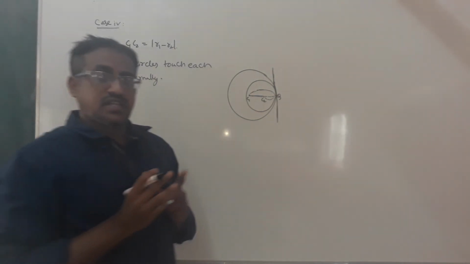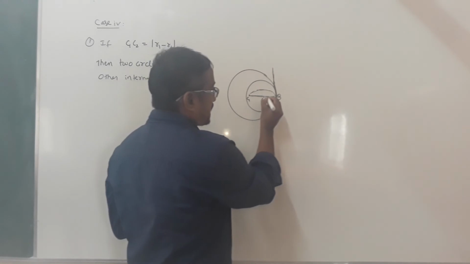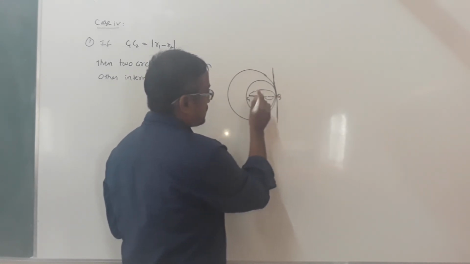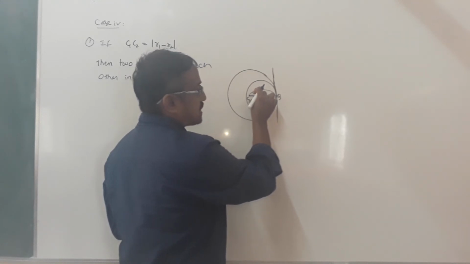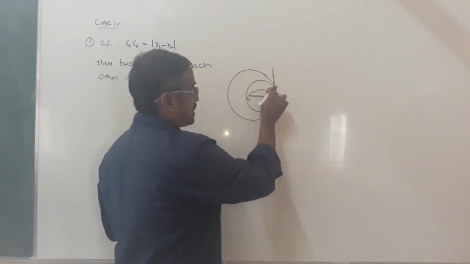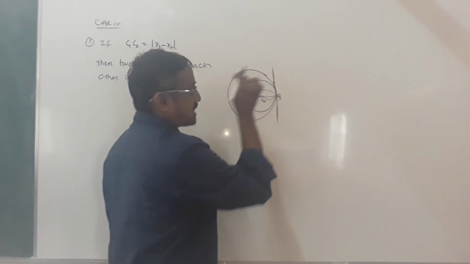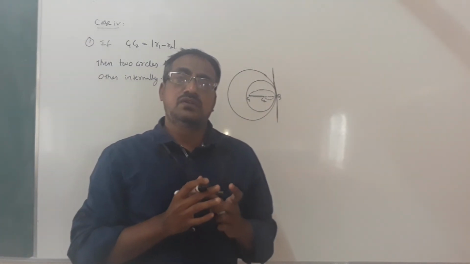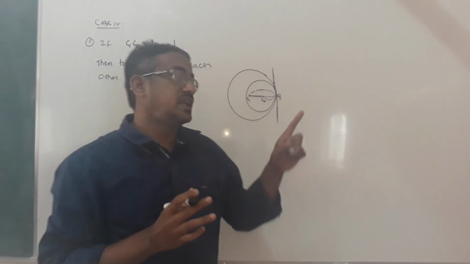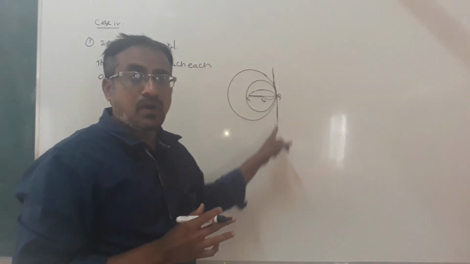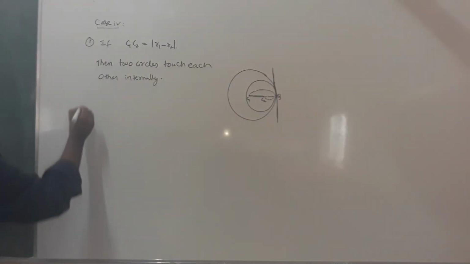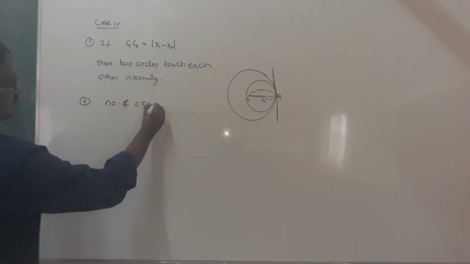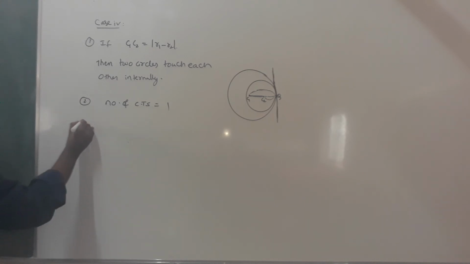Now clearly you can see the point of contact is on the extended line segment joining C1 C2. It is not on the line segment joining C1 C2; it is on the extended line segment. So you can draw one common tangent at the point of contact. So the number of common tangents is equal to 1.